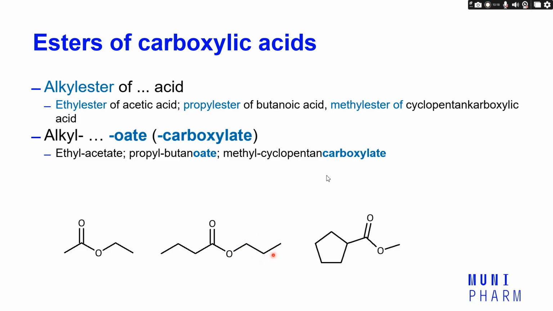It means that the alkyl is propyl, so it is propyl ester of butanoic acid. In this case, the original acid is cyclopentane carboxylic acid, and this alkyl is only one carbon, so it is methyl, and it is methyl ester of cyclopentane carboxylic acid.